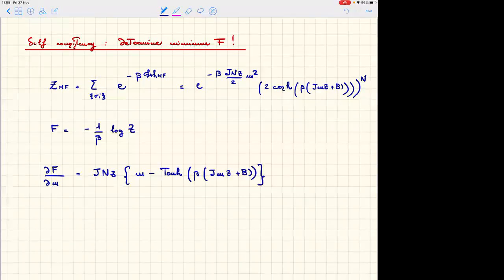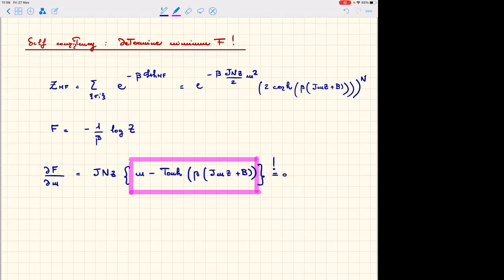So you see already from this equation that if I set this equal to 0, I get exactly the self-consistency condition I was talking about before, because I have to set m equal to the tangent hyperbolic. Therefore, the self-consistency condition is a condition to find the extrema of the free energy.